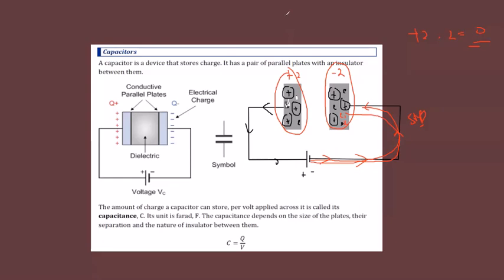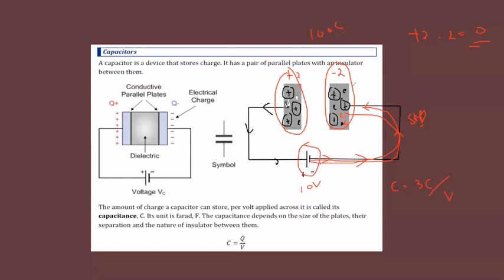And how much charge is stored for every volt is called the capacitance of a capacitor. For example, a capacitor can store 3 coulombs per volt. The charge stored by the capacitor depends on the supply we use and the type of material used to make the capacitor. Say a 10 volt supply is there, and using this I was able to store 100 coulombs of charge.